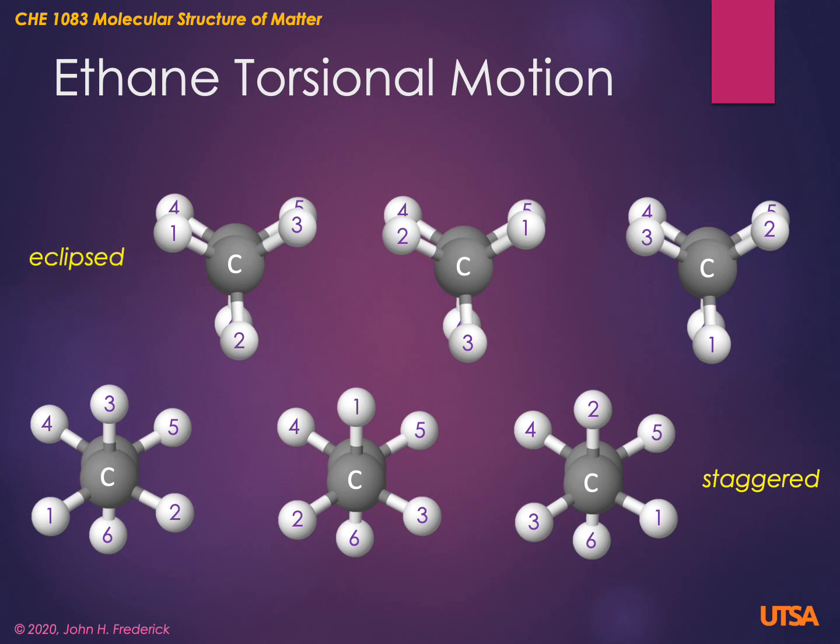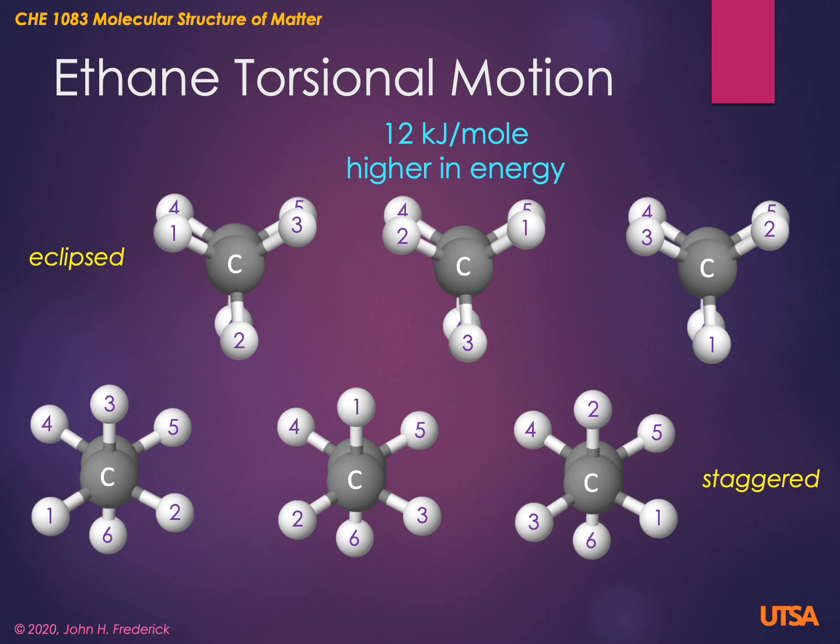In this case, the first one on the upper left is related to the bottom left one by twisting by 60 degrees about that torsion angle. This causes 1 and 4 to be eclipsed, 3 and 5 to be eclipsed, and 2 and 6 to be eclipsed. There are, of course, two other equivalent eclipsed conformations shown to the right as well. What we're seeing in ethane is that when the atoms are all eclipsed, as they are in the upper set, that's 12 kilojoules per mole higher in energy than the three conformations in the lower set.